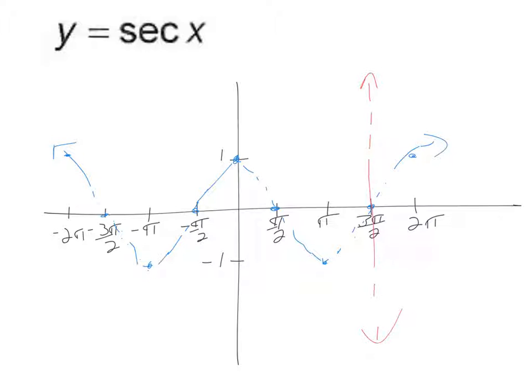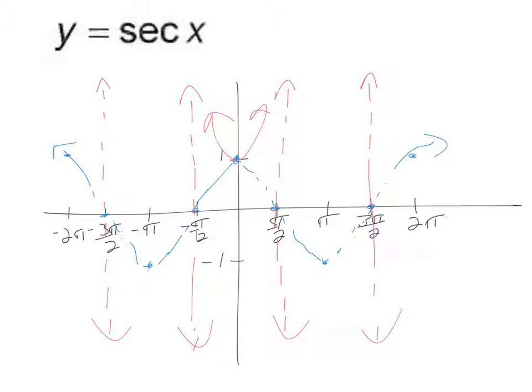So vertical asymptotes everywhere the cosine crosses the x-axis. Flip over all your hills and valleys. And there's the secant graph.